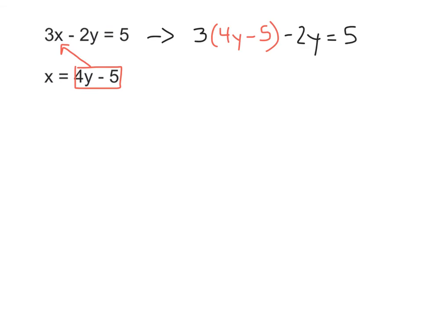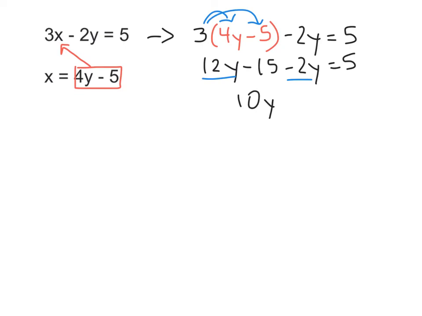We're going to distribute the 3, so we get 12y minus 15 when we distribute, and minus 2y equals 5. Combining our like terms of 12y and negative 2y, we get 10y minus 15 equals 5.